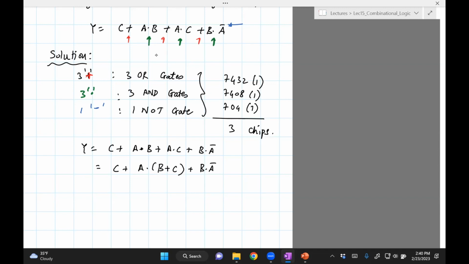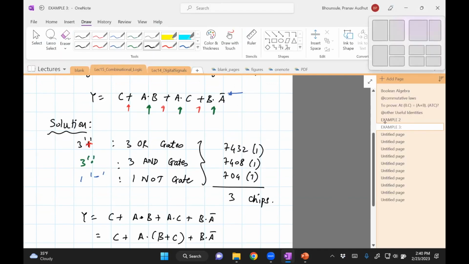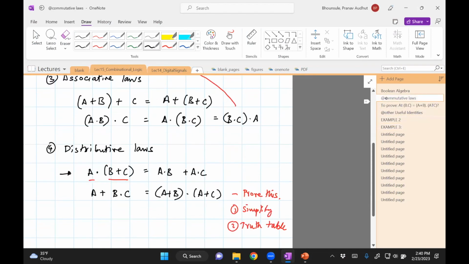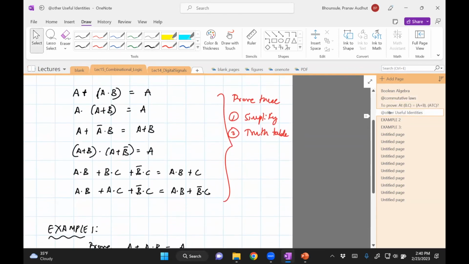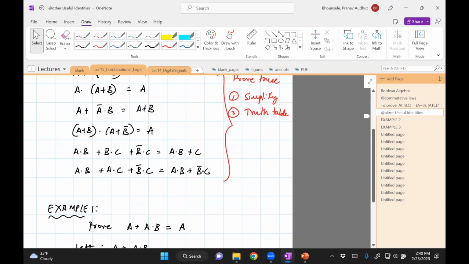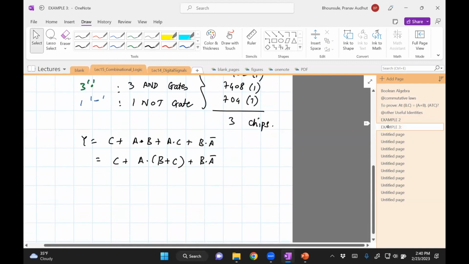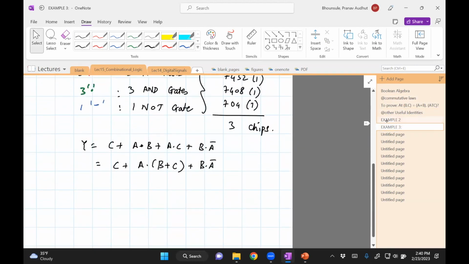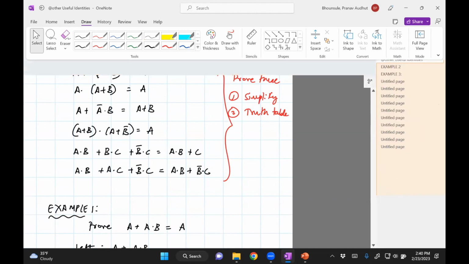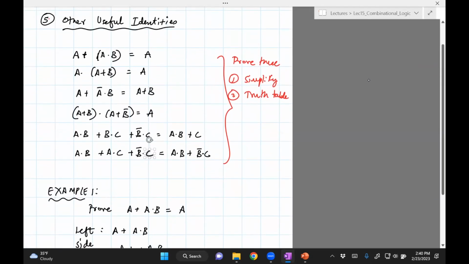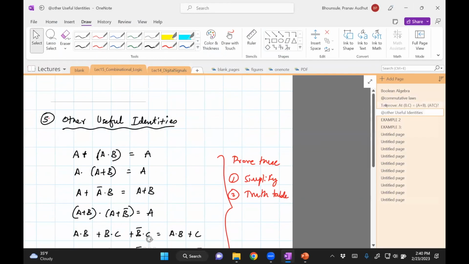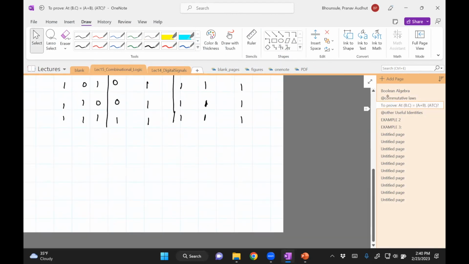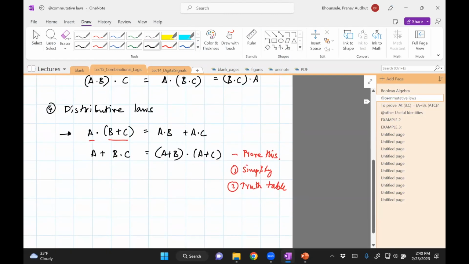Now I think I've seen this, A dot B plus C. Let me check.